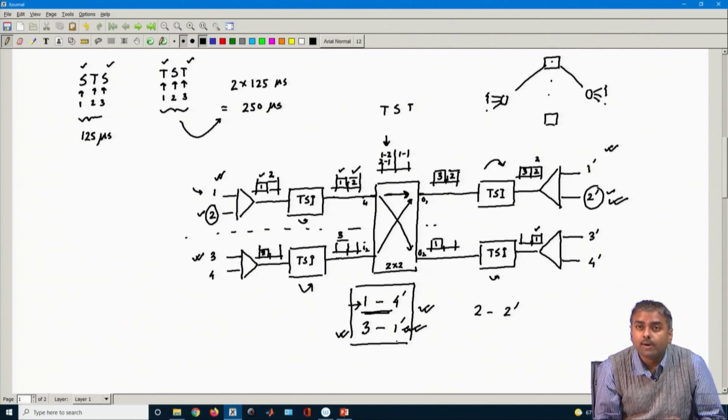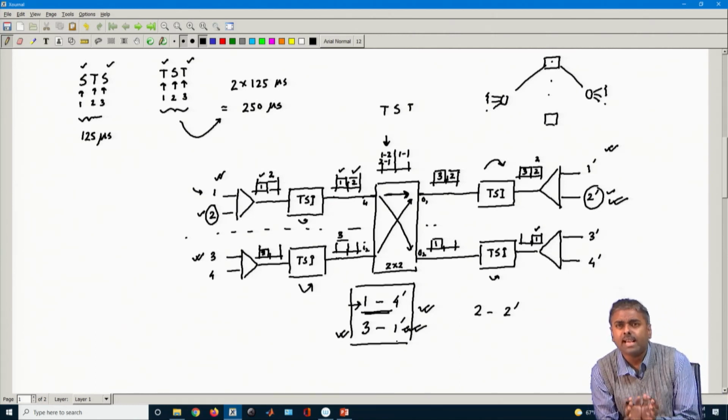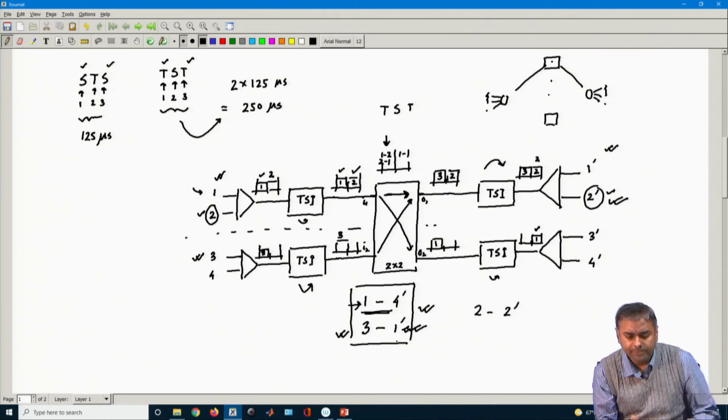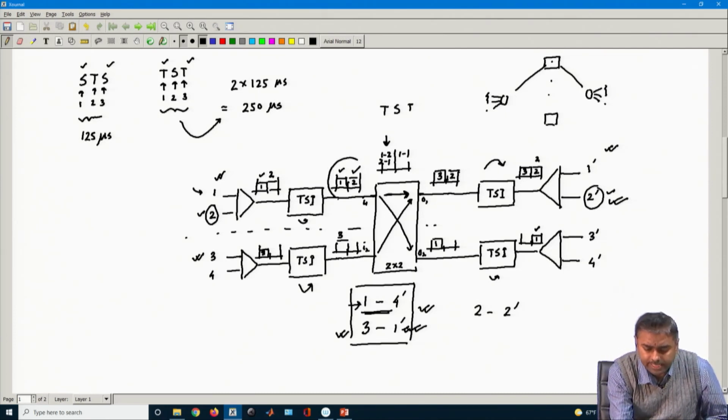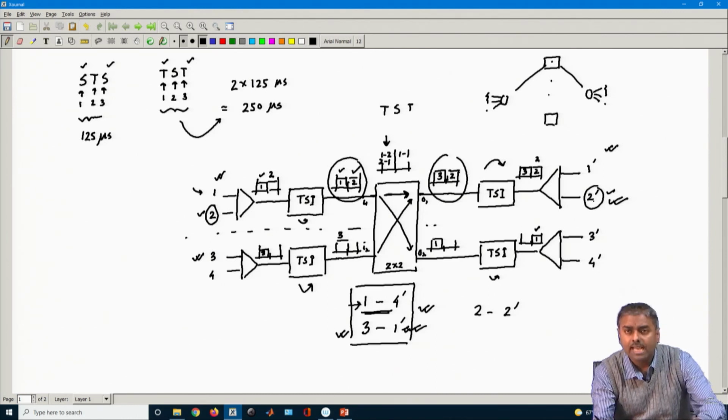For that, what I need, you remember in the sharing stage, where exactly it is getting shared? If you have seen, it is actually getting shared in the middle stage. This 2 to 2' I am talking about is sharing this middle stage.